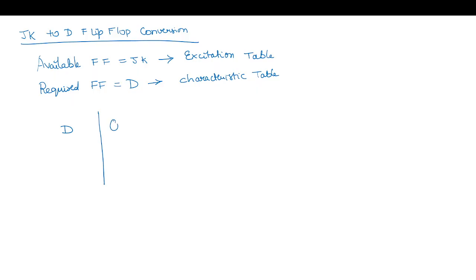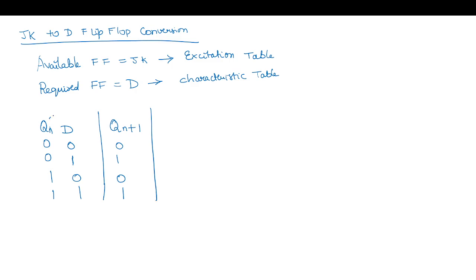What will be the Qn plus 1? If the previous state was this, the next state will depend just on the D. So we get this output.